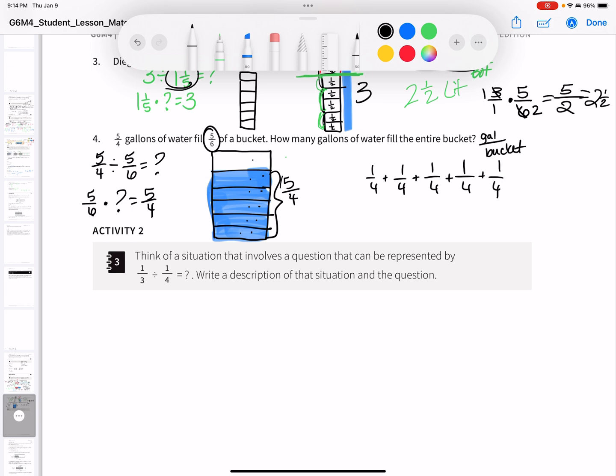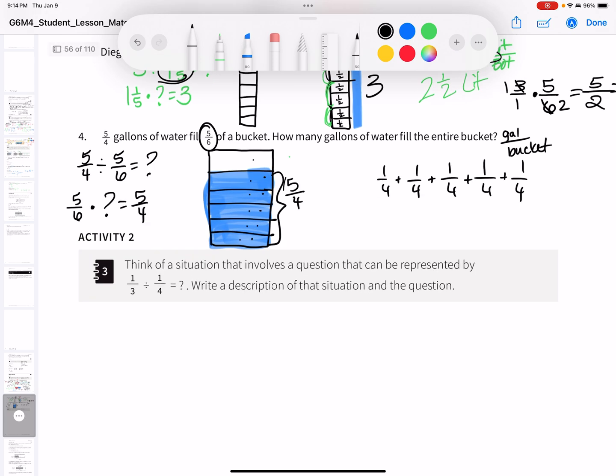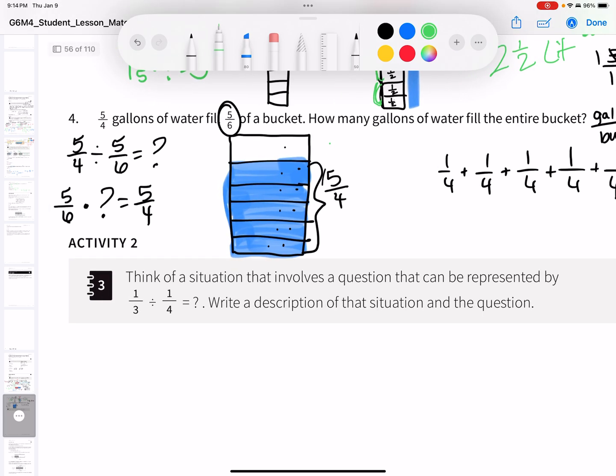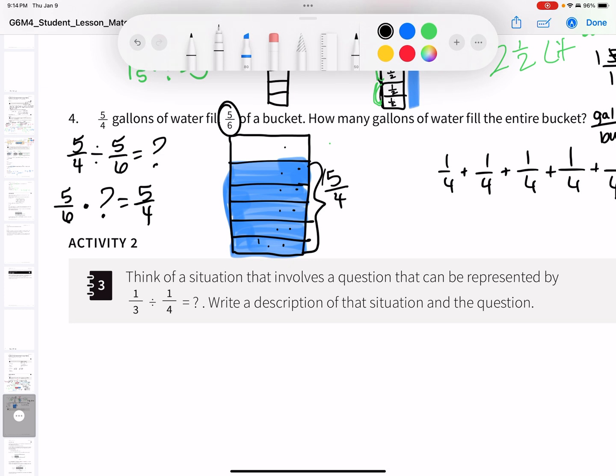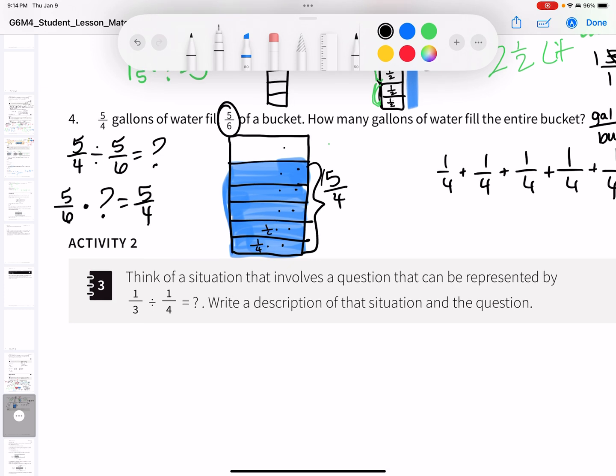Well, we have 5 pieces, so that means each piece is worth 1/4. So, let it save. I can't write when it's saving. Here we go. 1/4, 1/4, 1/4, 1/4, and 1/4.